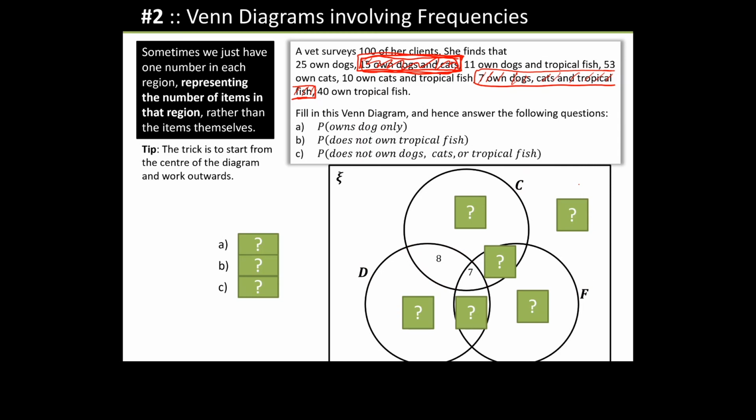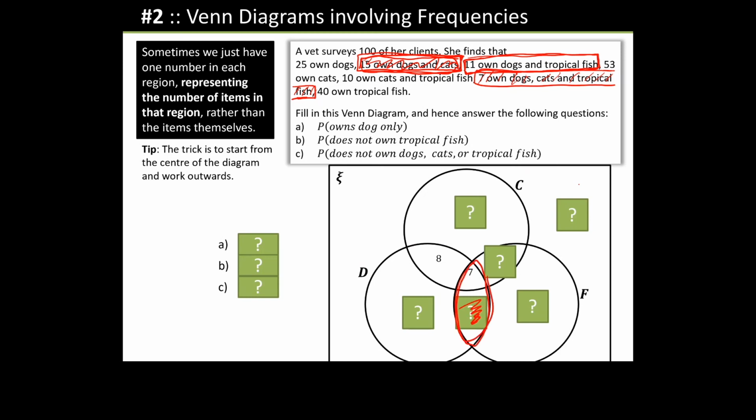Let's go and look at another part which has kind of 2 things. So maybe we look at this question mark here, and then we look at that question mark. So let's look for something that has that. So it says here 11 own dogs and tropical fish. So again, this is another one referring to 2 sets. So there's dogs and there's tropical fish. So it's referring to the whole area.